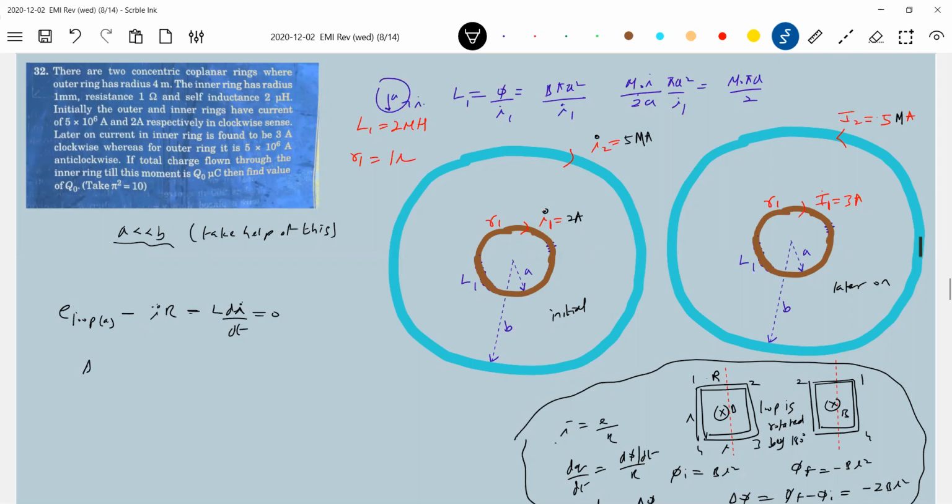What is the EMF induced in the inner loop? Change in flux, we'll take it like this. So I into R, L di by dt.